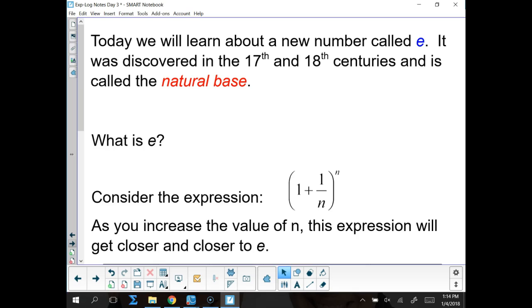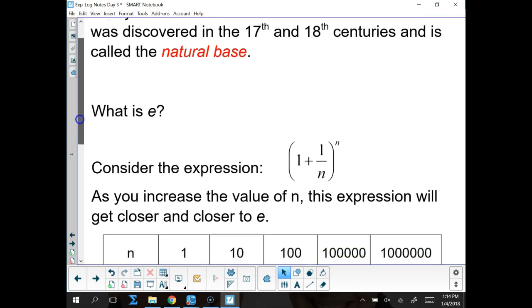You may not have seen it exactly like that. Compound interest is the one I was looking for. Because the percentage growth decay was P times 1 plus r, or 1 minus r, to the t power. So it looks kind of like compound interest.